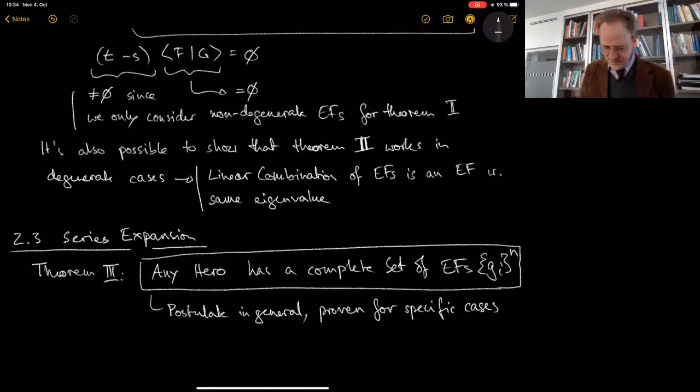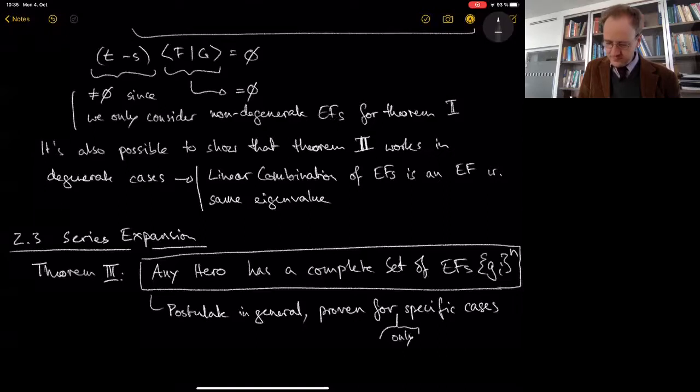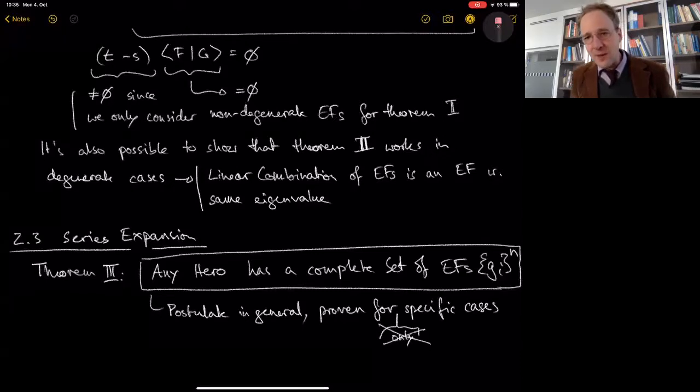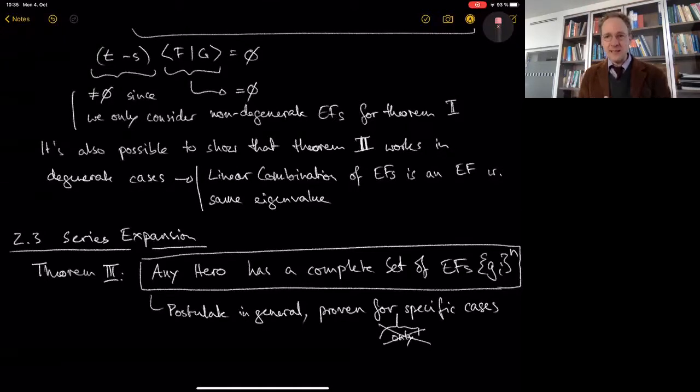Now, a mathematician would insert "only" here. We, as chemists, would strike that through, because the mathematician would say it has been shown only for chemical application, but that's all we care about. So for us, that's not "only". One has to be careful when reading mathematical statements.